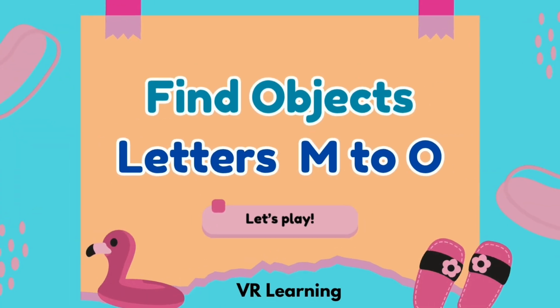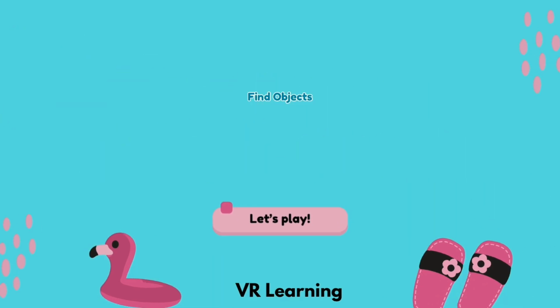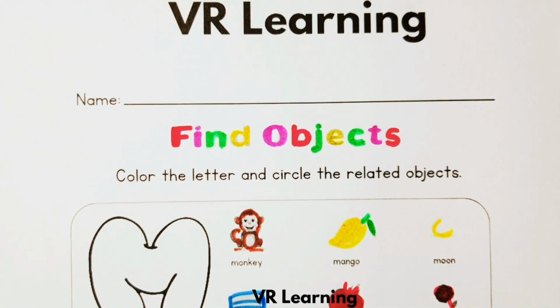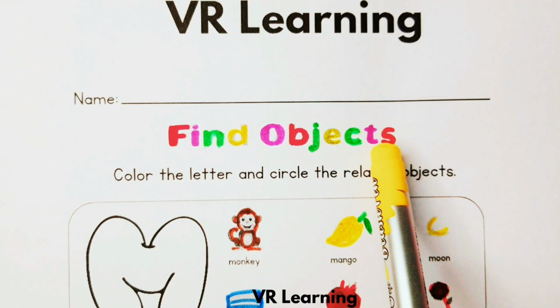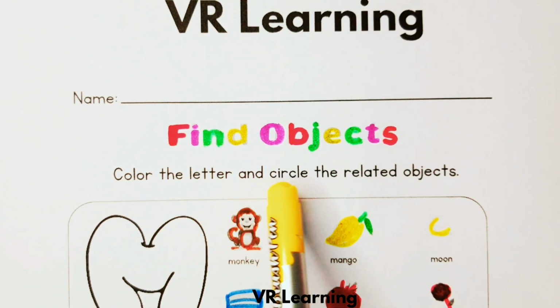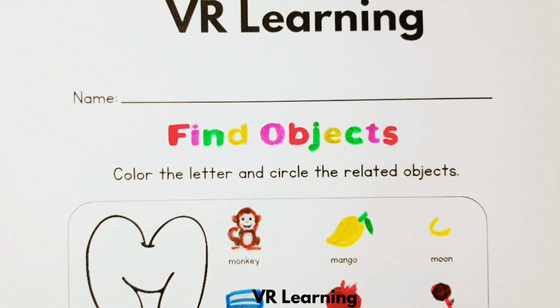Let's find objects from letter M to O. Let's start. Find objects. Color the letter and circle the related object.